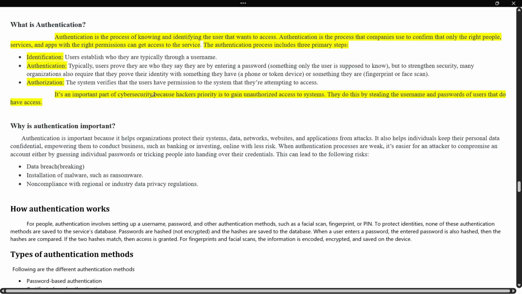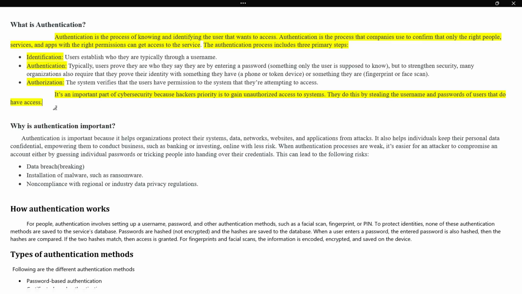It's an important part of cyber security, because a hacker's priority is to gain unauthorized access to the system. They do this by stealing the username and password of a user who does have access. Basically, the hacker's priority is to gain unauthorized access to steal our data. This is why different types of authentication methods have been introduced, which we will discuss.